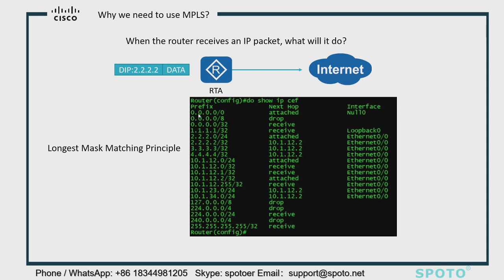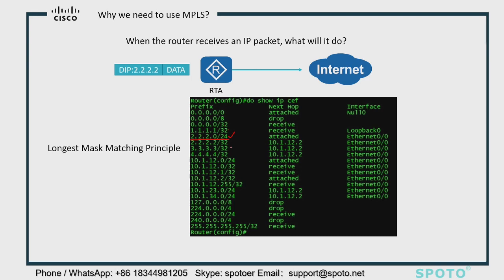The first one is 0.0.0.0, it can't match. The second one also can't match. This one, no, and this one, no. So we can find for this entry 2.2.2.0 with mask length 24 is okay. But we need to pay attention here.